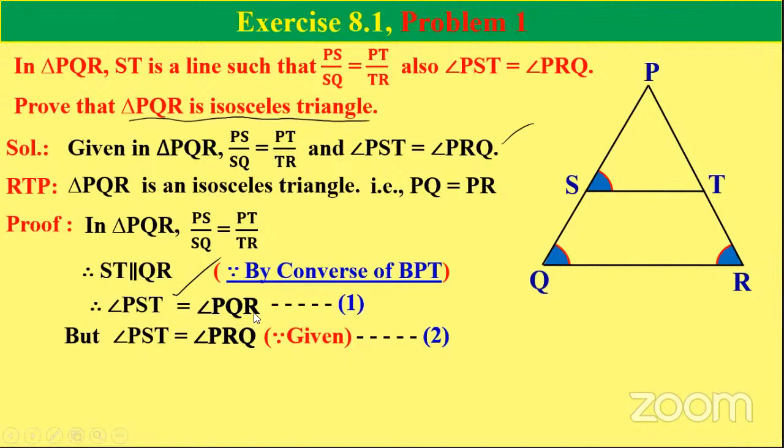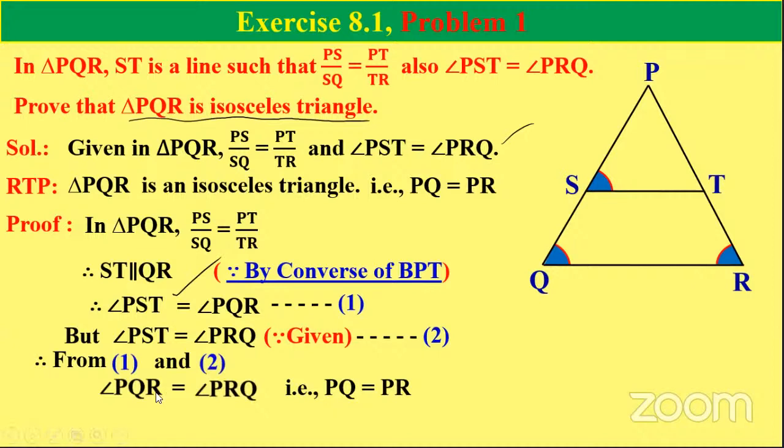Angle PST is equal to PQR, angle PST is equal to PRQ. So these right-hand side terms are equal by the transitive property from 1 and 2. From 1 and 2, angle PQR is equal to angle PRQ.